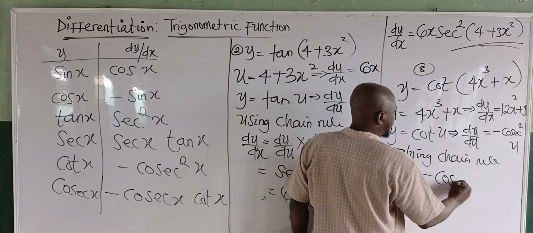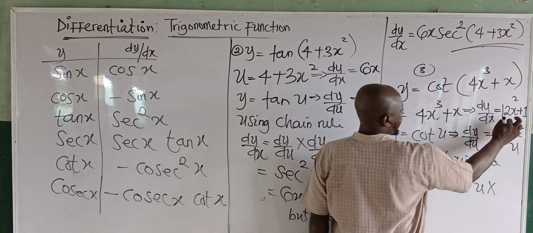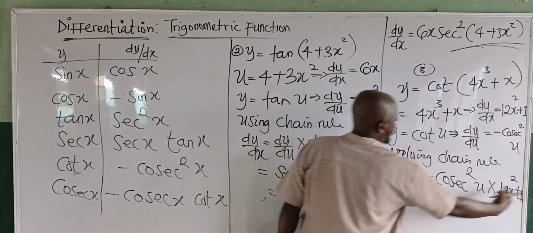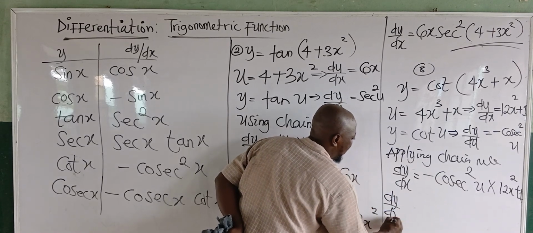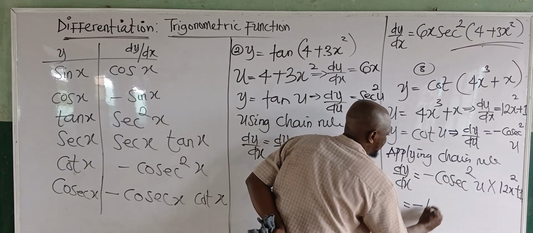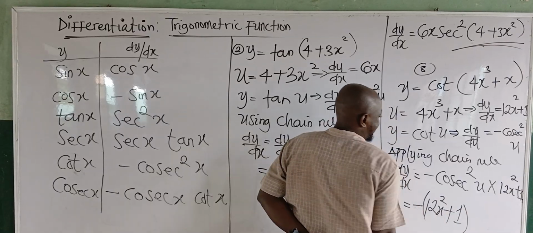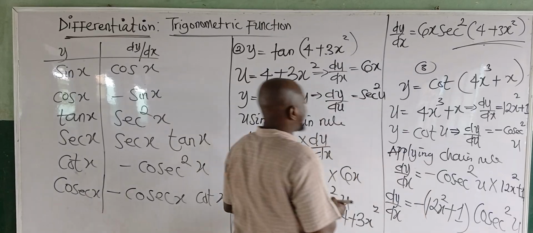So I'll do this one, cosec square u times 12x squared plus 1 here. So from this point, move all this here. Our dy/dx will give us minus 12x squared plus 1, then cosec square u.